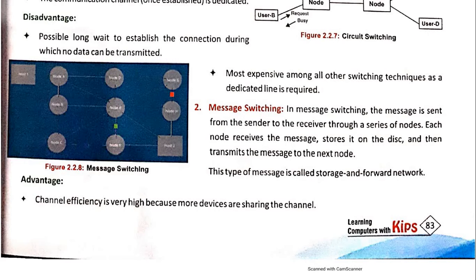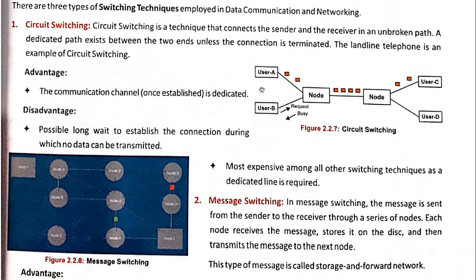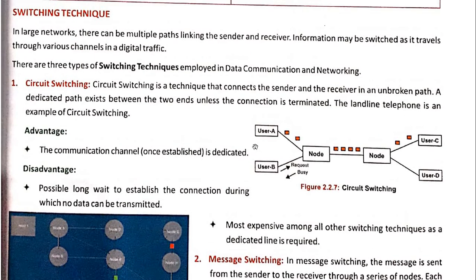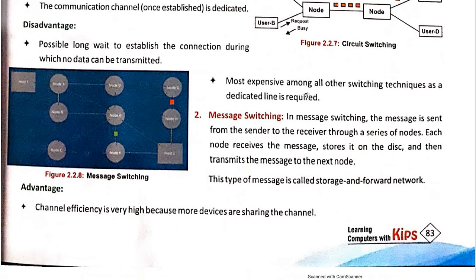Now the second one is message switching. Message switching is another type of switching technique. In message switching, the message is sent from the sender to the receiver through a series of nodes. Each node receives the message, stores it on the disk, and then transmits the message to the next node.